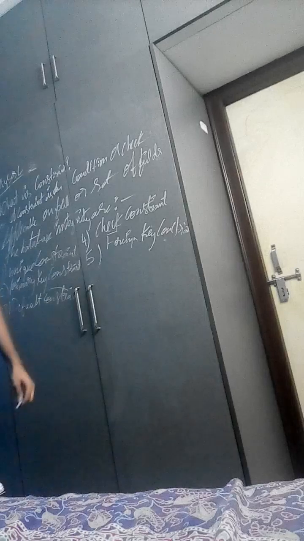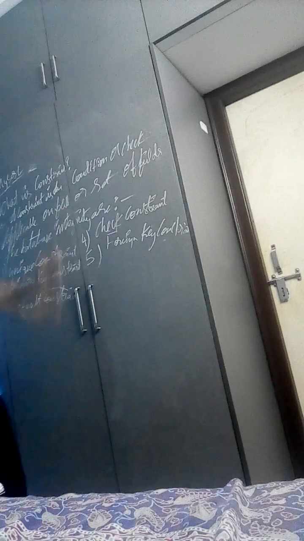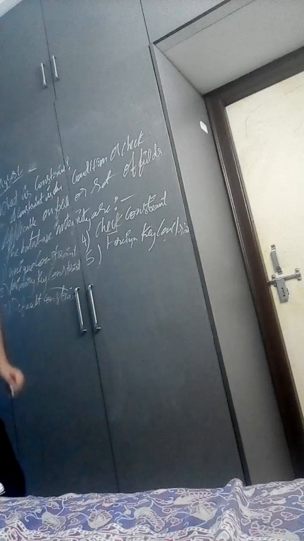A constraint is a condition applicable on a field or set of fields for database integrity: unique constraint, primary key constraint, default constraint, check constraint, foreign key constraint. Okay. See, these are in MySQL.